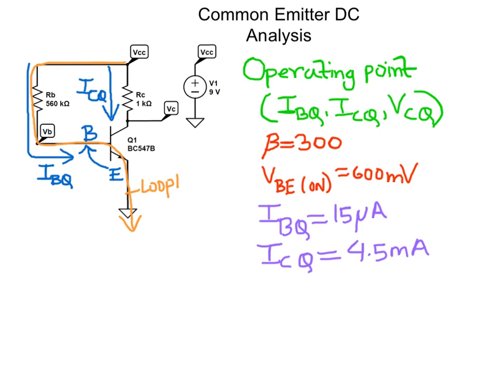Finally, we need to determine the quiescent collector voltage, which is the voltage in this node. The voltage at the collector node, Vc, can be determined by applying Kirchhoff's voltage law on this network.